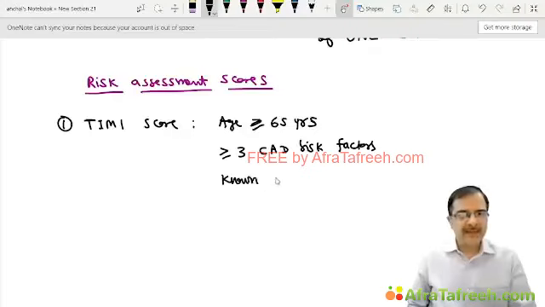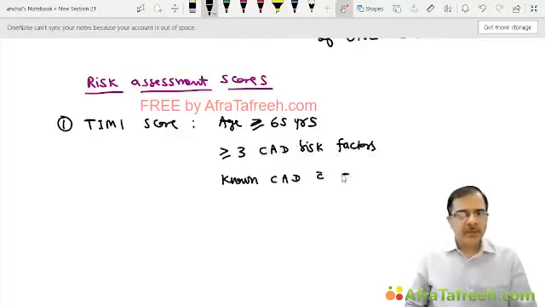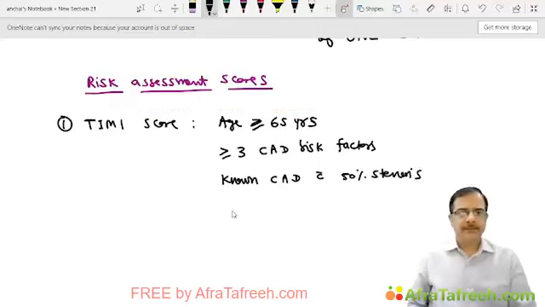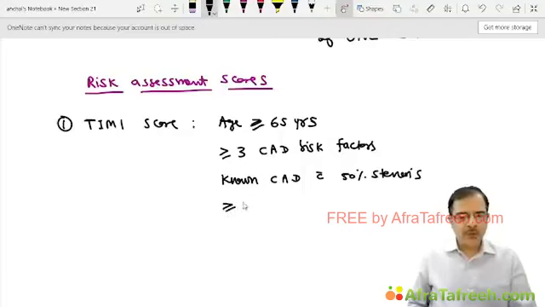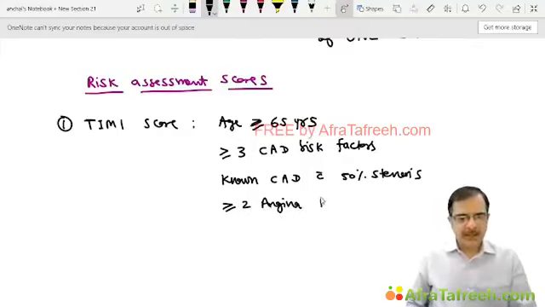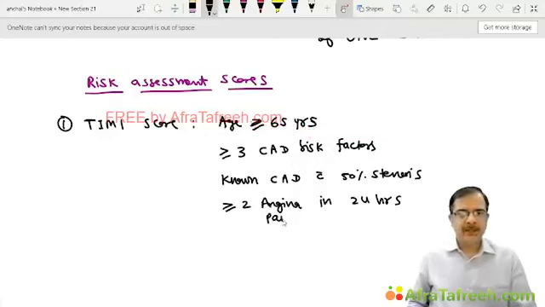Number three, the patient is a known case of CAD with more than 50% stenosis. Fourth, if the patient is having 2 or more angina episodes or chest pain in 24 hours.